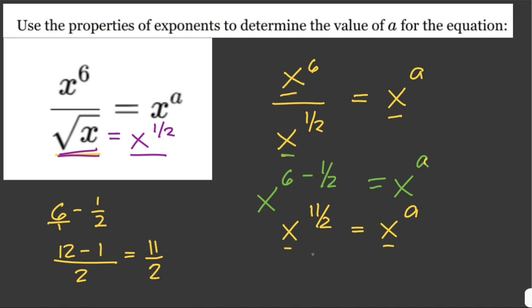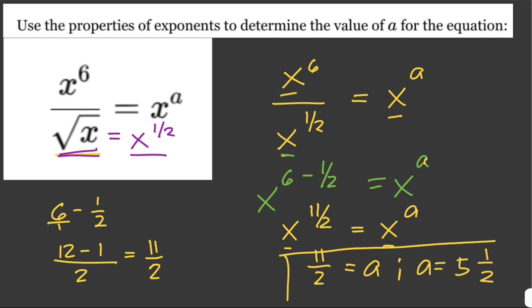So we can just equate the exponents. Therefore, 11 over 2 is just equal to a. So the value of a here is 11 over 2, or in mixed fraction form, a is equal to 5 and 1/2.